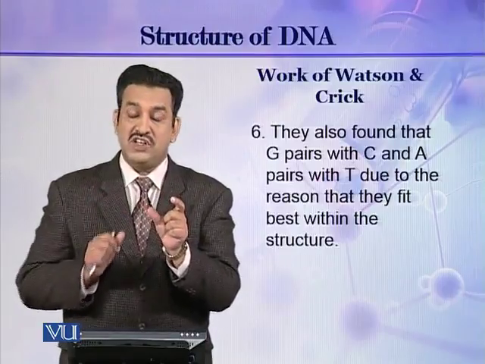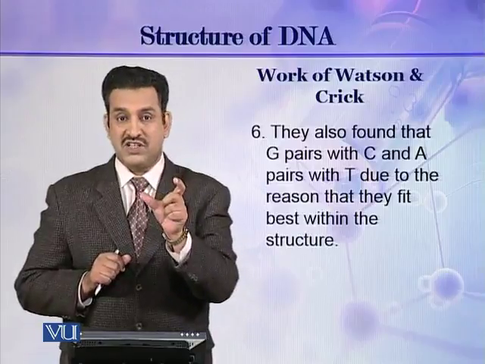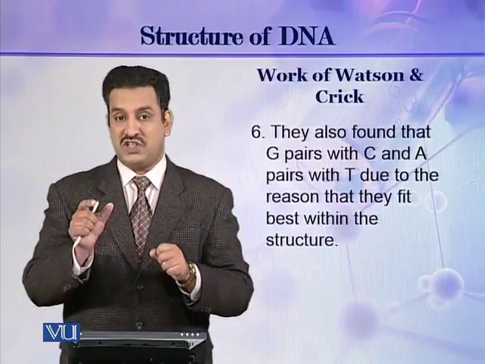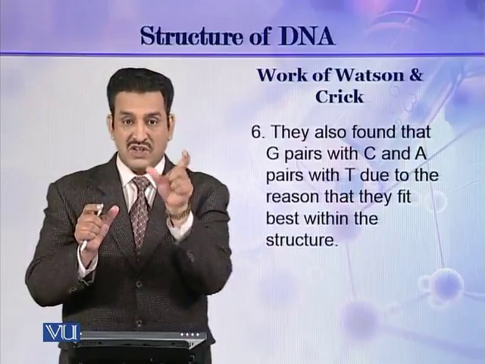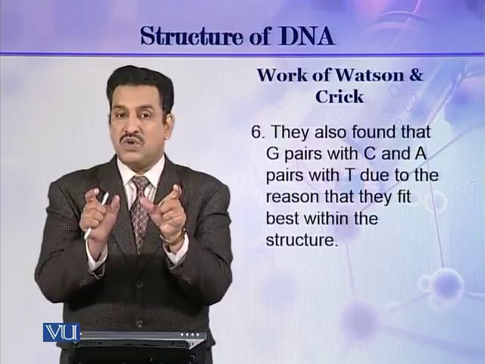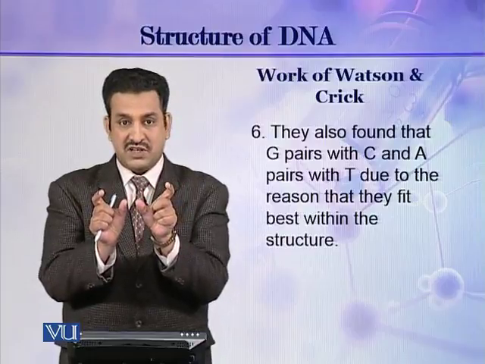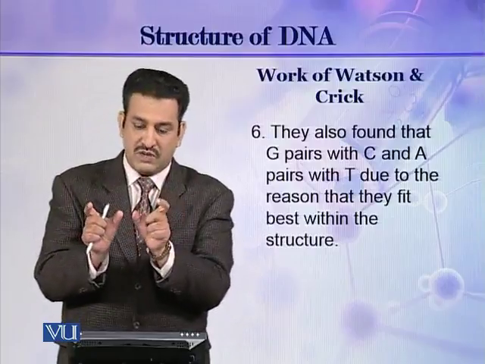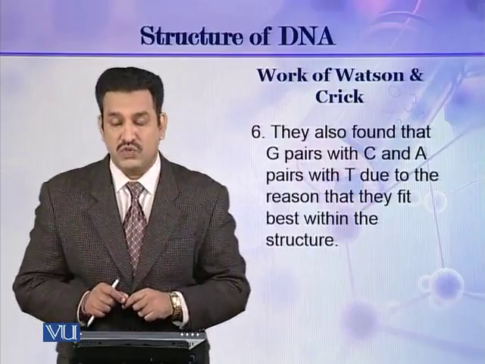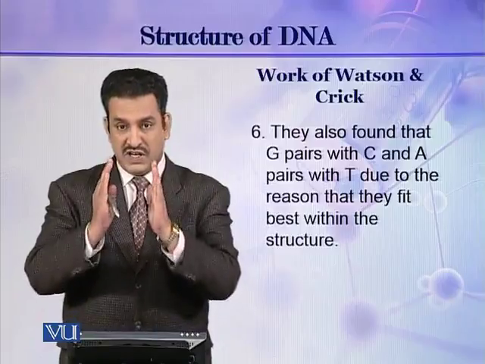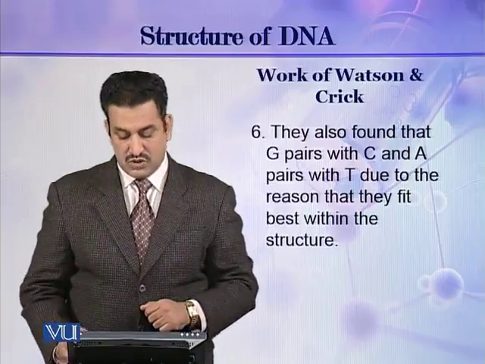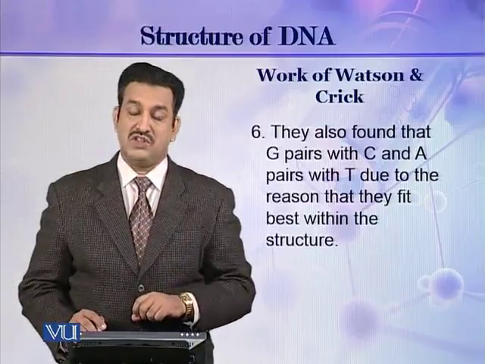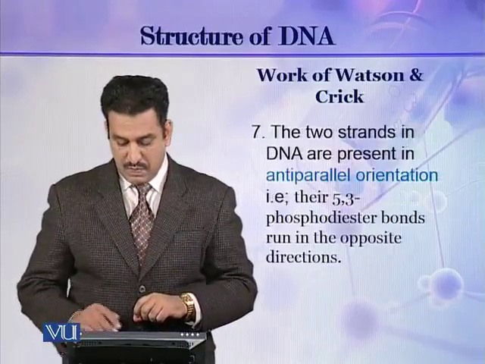Again, G is a purine, larger size, and C is a pyrimidine which is of smaller size. So one base is of larger size, the other one is of smaller size. Similarly, if a larger base comes on this side, a smaller one will come on this side. In this way, a uniform helix will be formed. So this combination best fits the structure of the helix.